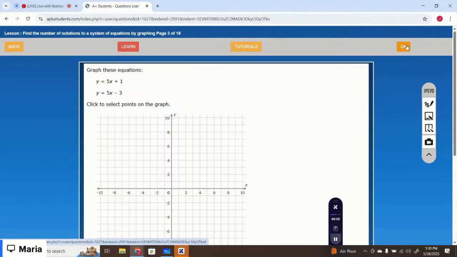Graph these equations: y equals 5x plus 1 and y equals 5x minus 3.